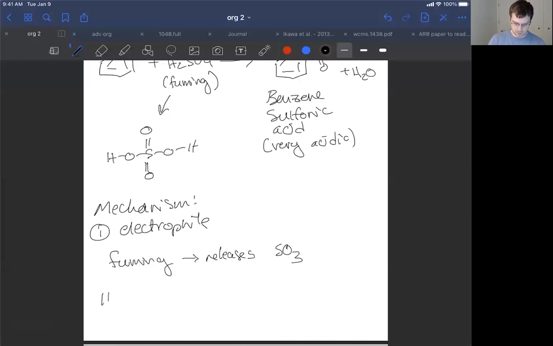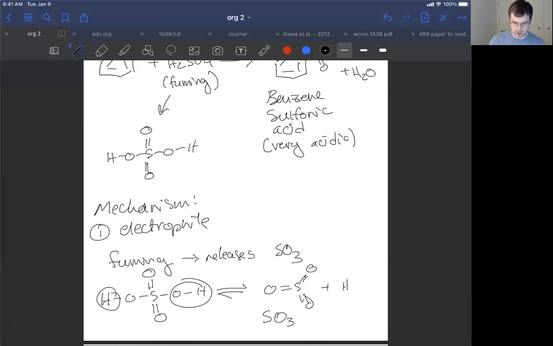So what we're doing in the lab, and hopefully not in the sky, is worrying about this equilibrium where we steal an H and an OH from H2SO4 to make sulfur trioxide, or SO3, plus H2O.